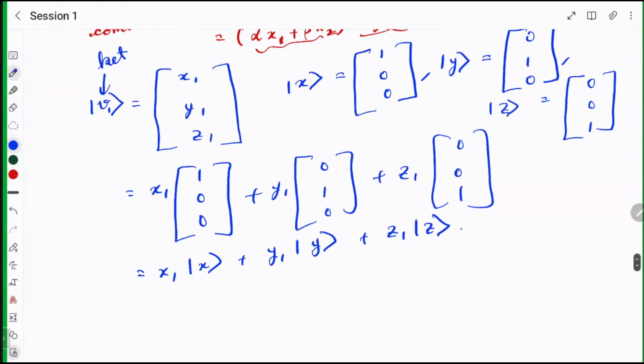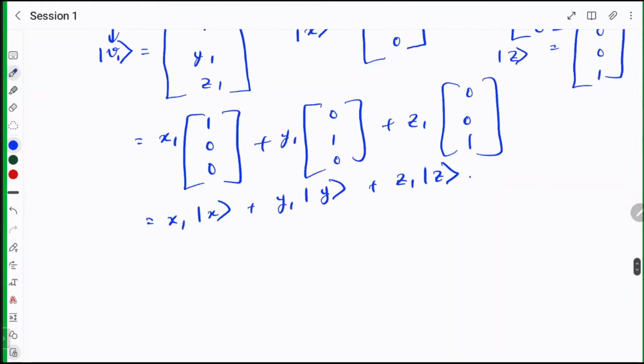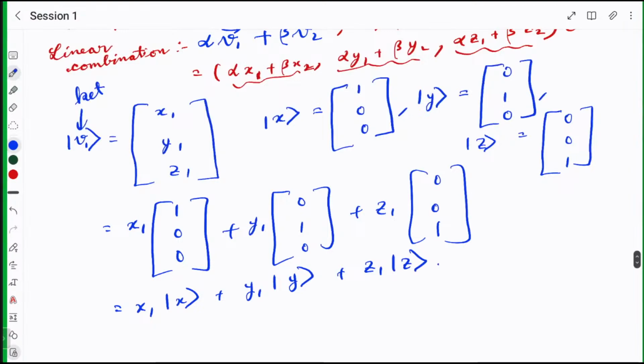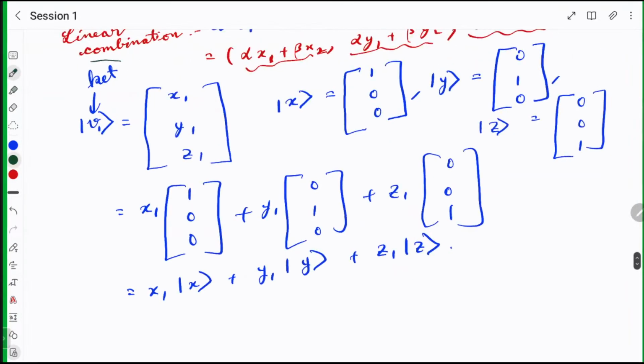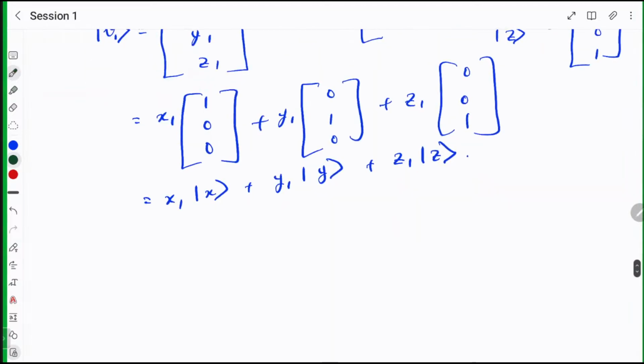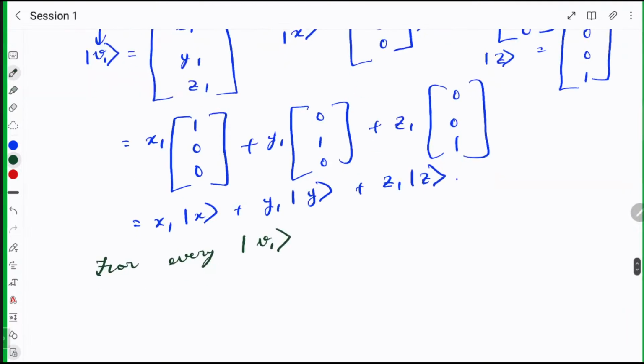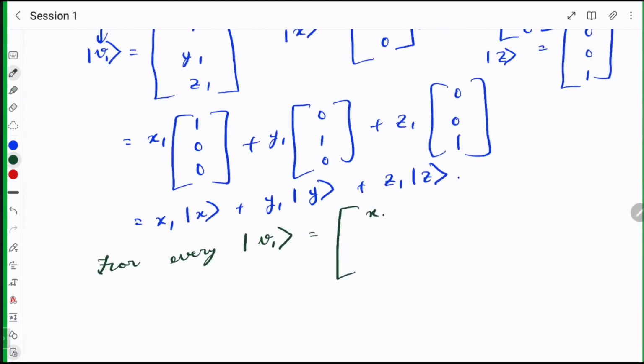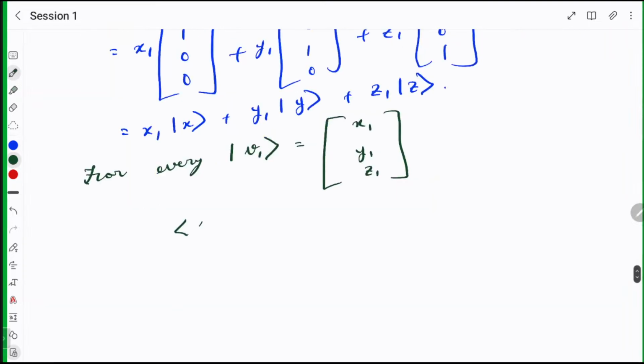Okay. Now, why are we going into this kind of a very strange notation? The simple answer is that it would later on make life easier for us. And the reason we have called it ket is because for every ket vector there is a bra. So for every ket v1, x1, y1, z1, we can define a bra v1.